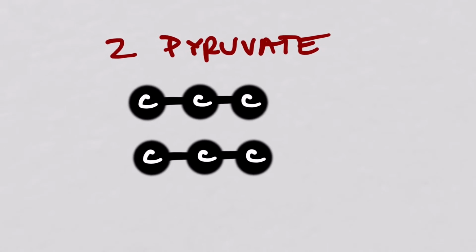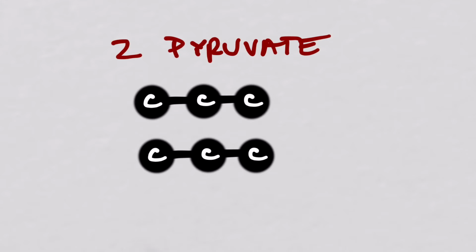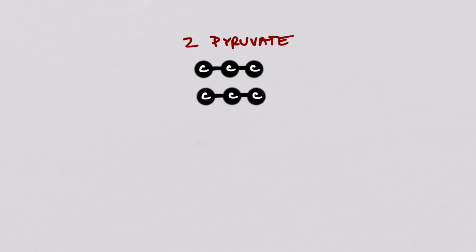Everything that I talk about now, I'm just going to talk about what happens to 1 pyruvate molecule, but you should know that for a complete breakdown of glucose, this all happens twice, because one molecule of glucose produced 2 pyruvate. But I'm just going to be talking about what happens to one.